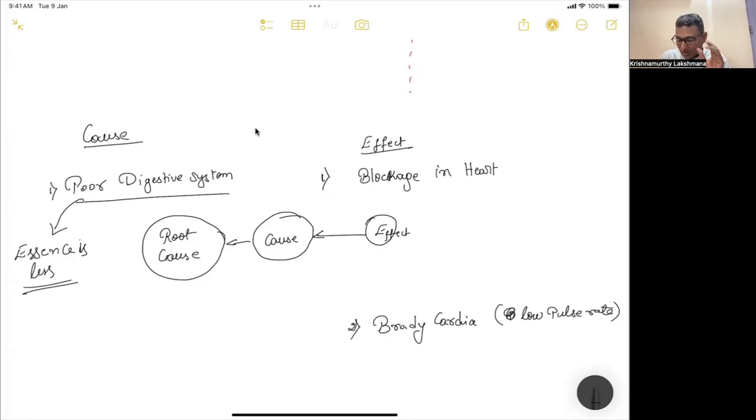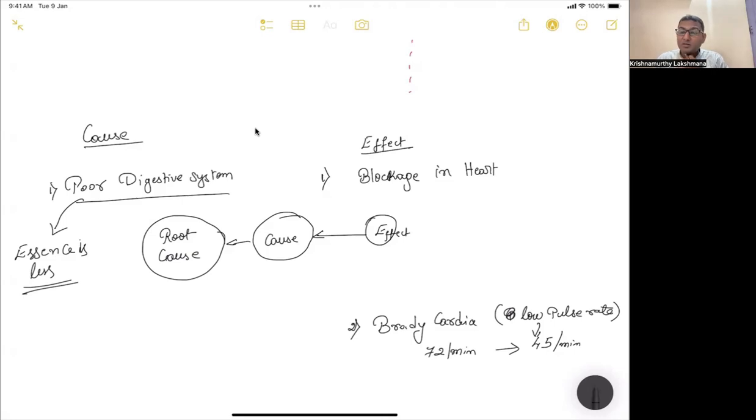It should beat on an average 72 times per minute. But if it is, say, beating at 45 beats per minute, then it is called low pulse rate. Bradycardia. So now what will be the solution?